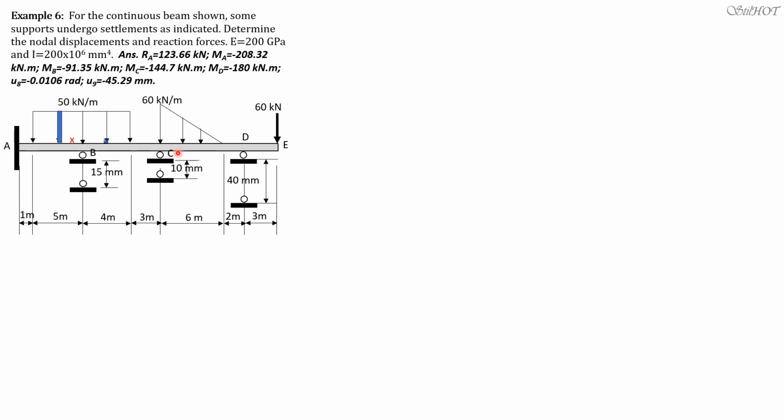For portion BC, our x would be the distance of the centroid of the strip from B, so that's x. So its distance from C is 7 minus x. Then for this triangular load, the distance x is from the zero load end. Then 60 divided by 6 is 10, so the height of the strip is 10x.